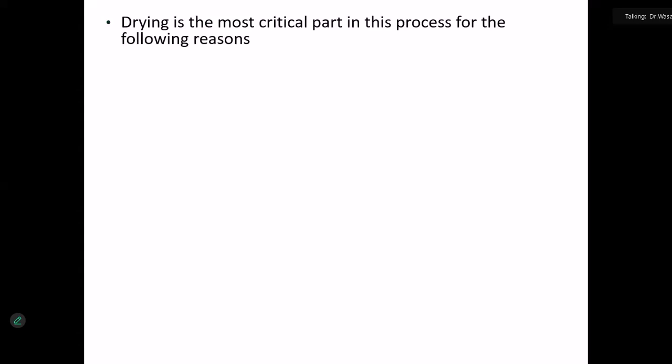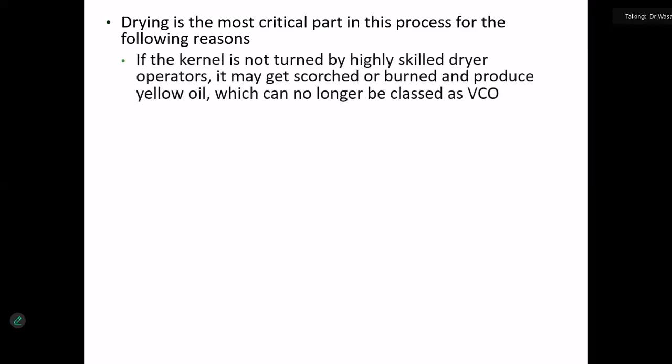That's why I mentioned it. Why? Over drying, no oil will come out. Lower drying, oil comes with water. If the kernel is not turned by high-skilled dryer operators, it is burned. That's very important. You have to dry uniformly, otherwise it burns.